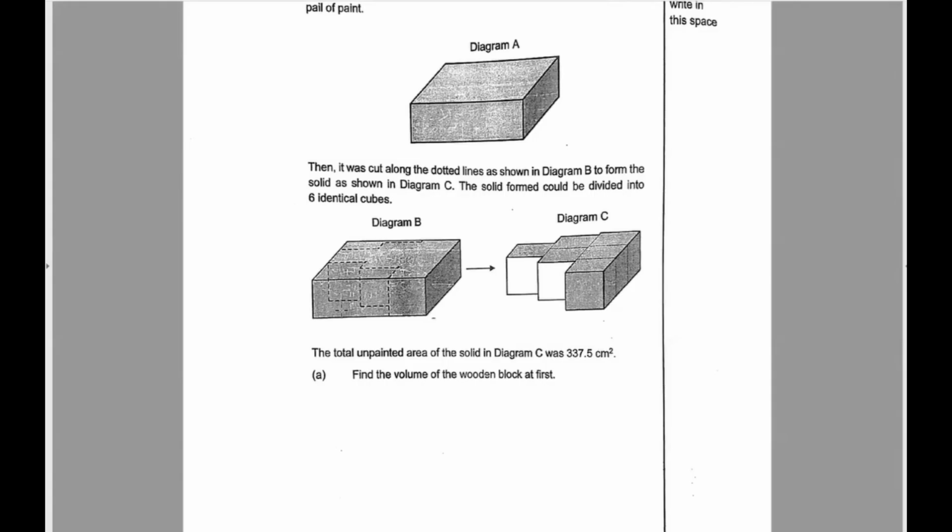Then it was cut along the dotted lines as shown in diagram B to form the solid as shown in diagram C. The solid formed could be divided into 6 identical cubes. Okay. The total unpainted area of the solid in diagram C is 337.5. Find the volume of the wooden block at first.